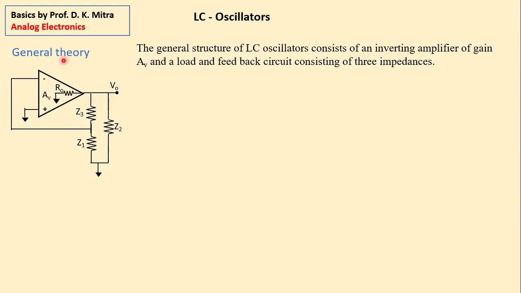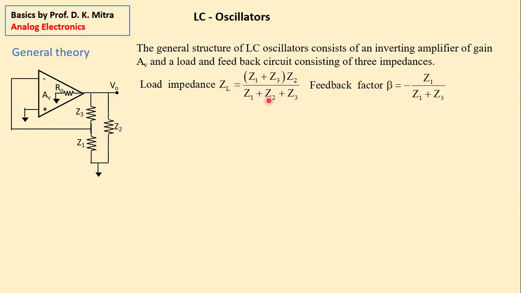Today we are studying the general theory, how it works. Now, what is the effective load impedance? Effective load impedance is Z1 plus Z3 in series and in parallel with Z2. So effective load impedance ZL is (Z1 plus Z3) multiplied by Z2 divided by (Z1 plus Z2 plus Z3). This is the effective load impedance. No problem.